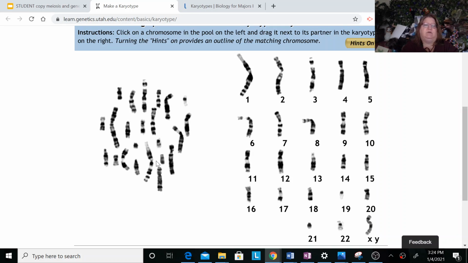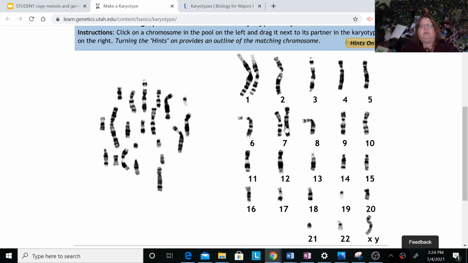This is like a game of memory when you were a little kid. You're trying to find the one that matches. When you find the one that matches, if it's correct, it'll stick. So look for the same length and same banding pattern for all of these chromosomes. If you don't have it correct, it will just bounce back.